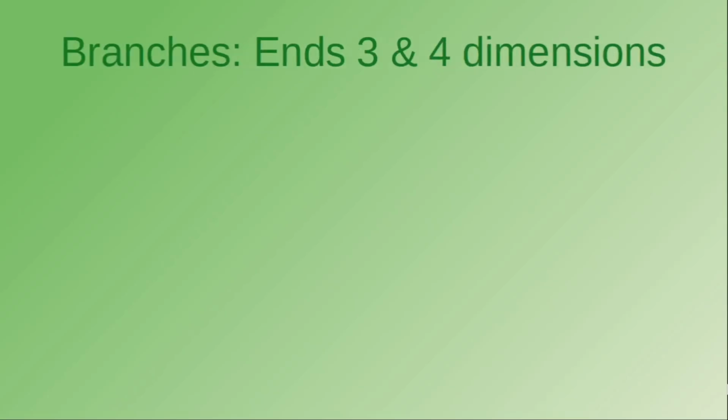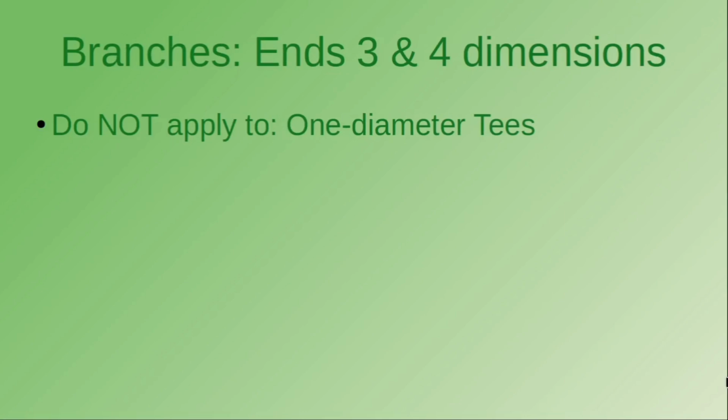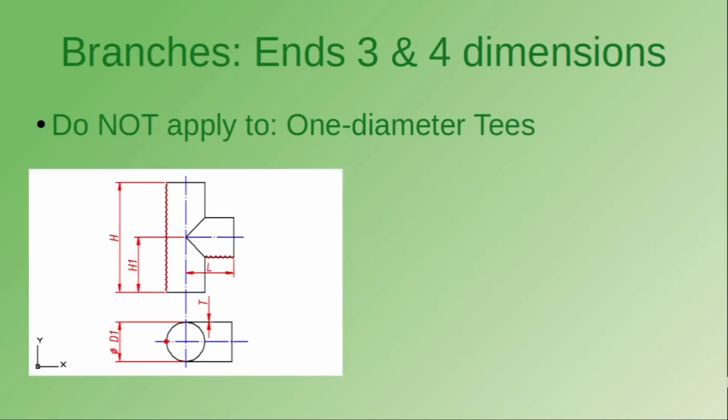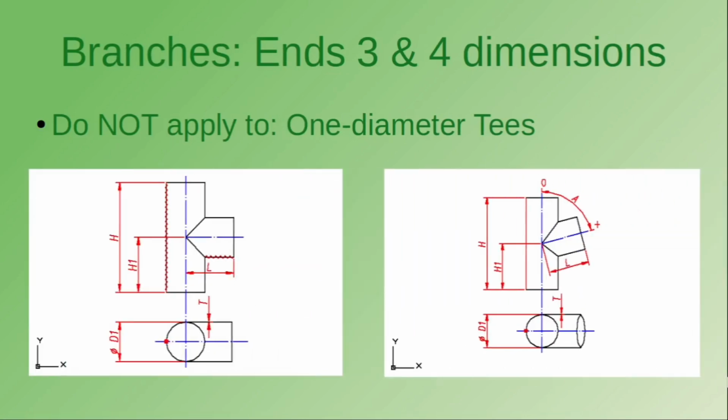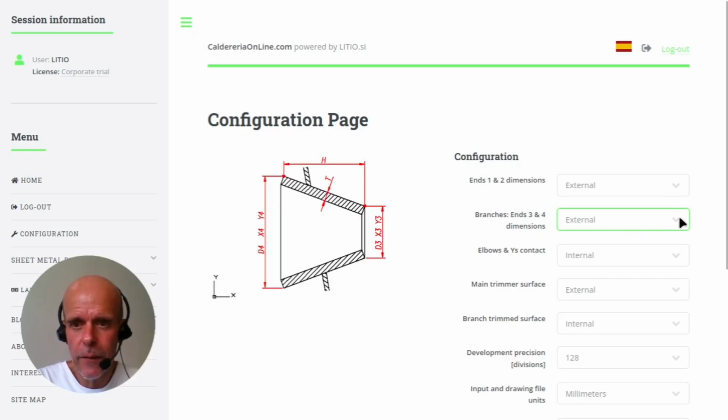Now let's check the branches part of this. This setting does not apply to one diameter tees like this. So we see here that for the branch part we have internal, centerline, and external dimensions like for the ends 1 and 2 dimensions.